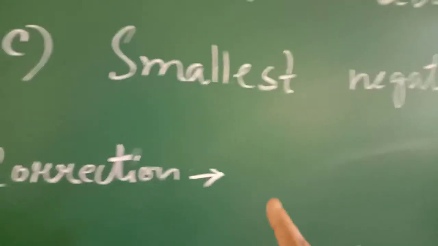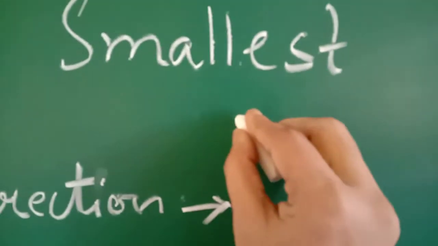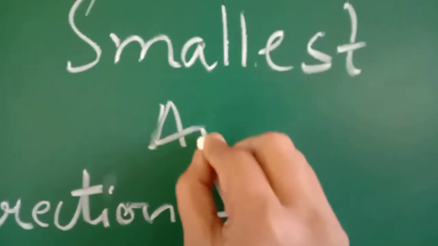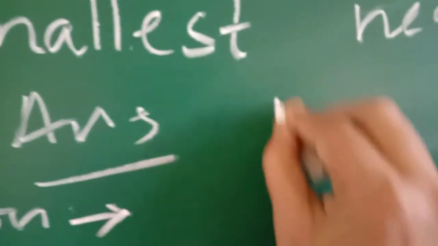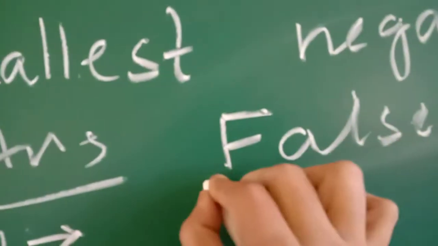So I will write this correction here. Smallest negative integer is -1. The statement is false. I will write the answer is false.